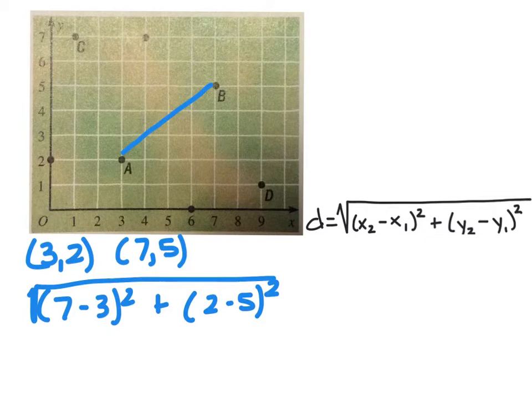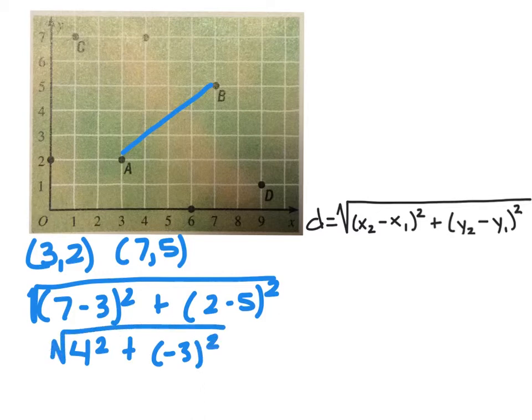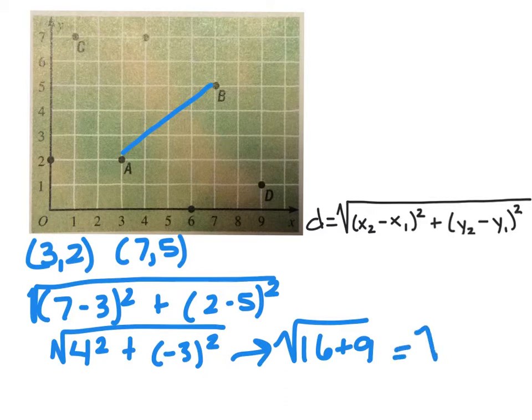Simplifying that, we have 4 squared plus -3 squared, which gives us 16 plus 9, or the square root of 25, which is equal to 5. So the birds at points A and B are 5 feet apart.